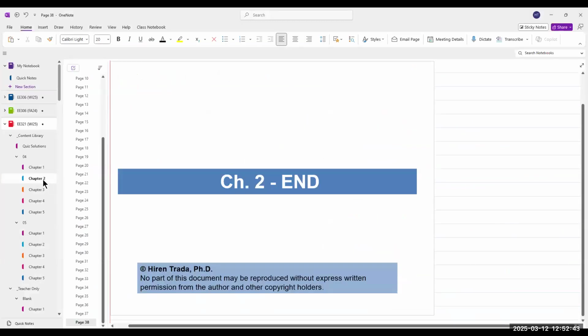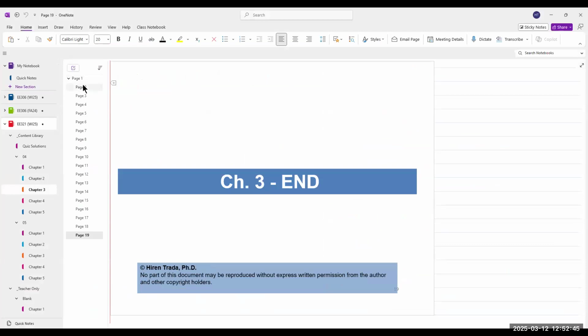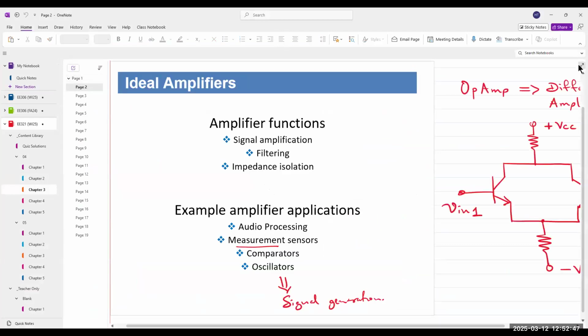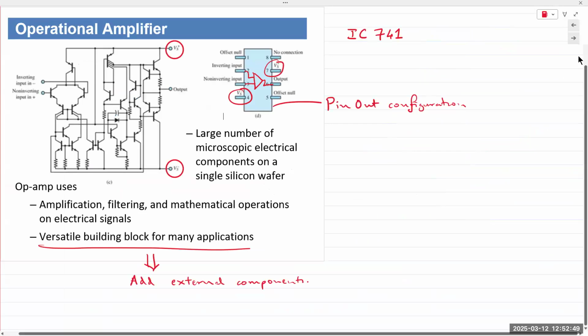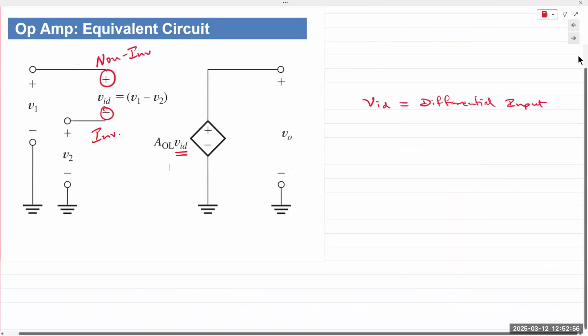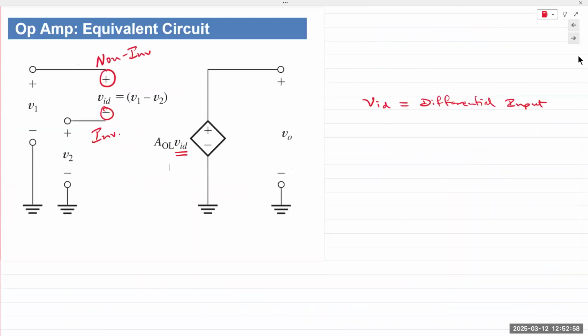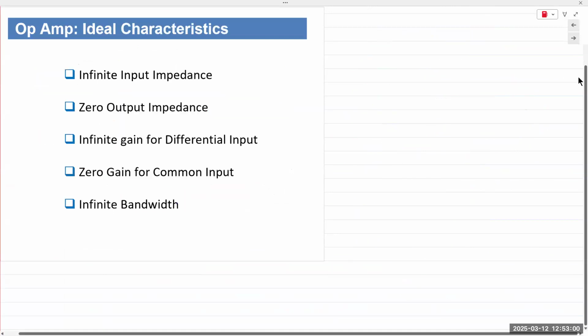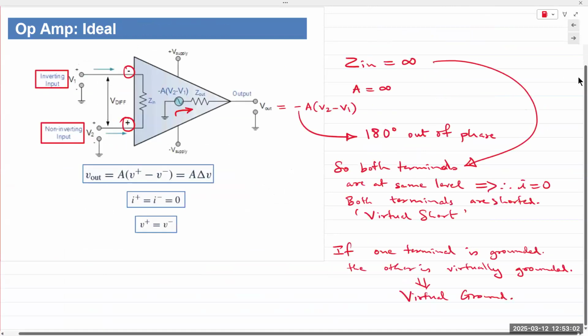Then we have op amps. For op amps, we'll stick with what we did in class and what was in the homework and the quiz, and that's it. Okay, you'll see something similar. Short answer questions, fundamentals.